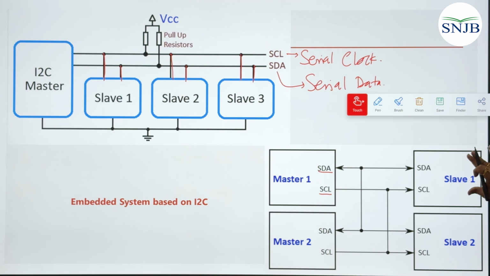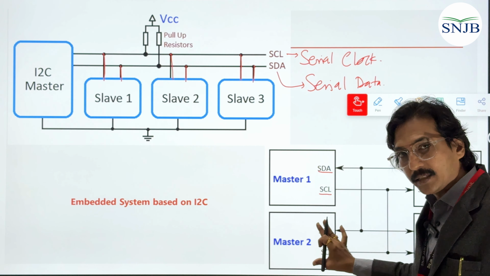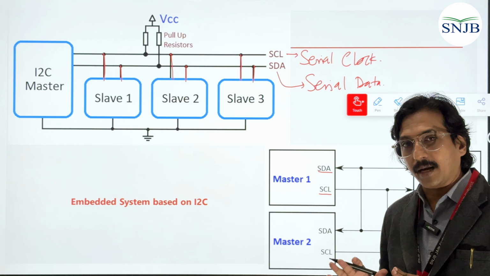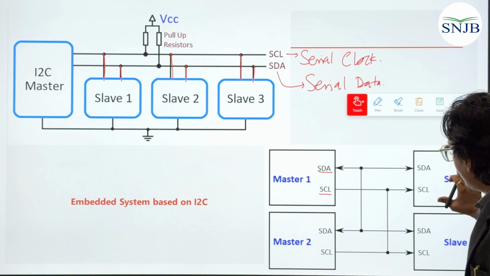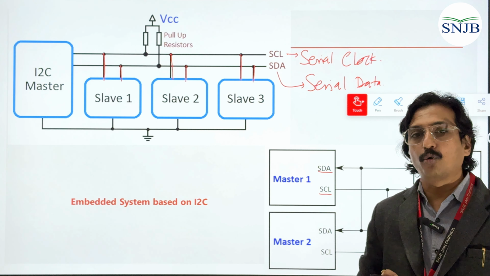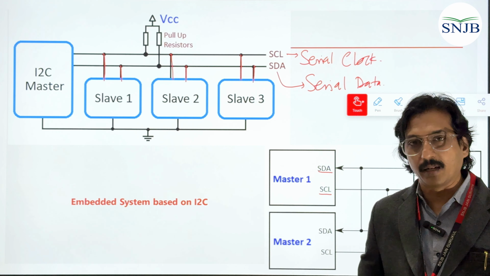For example, this is ADC, this is DAC, and one bus master is connected to both ADC and DAC; the second master is also connected to ADC and DAC. So collision detection should not be there. This configuration gives us information that I2C, inter-integrated circuit, supports multi-master devices, multi-master embedded systems as well.